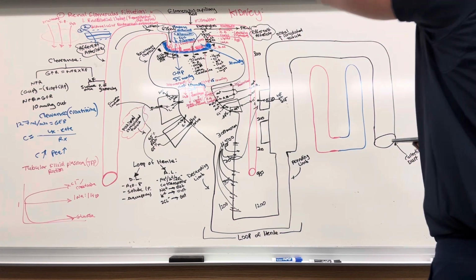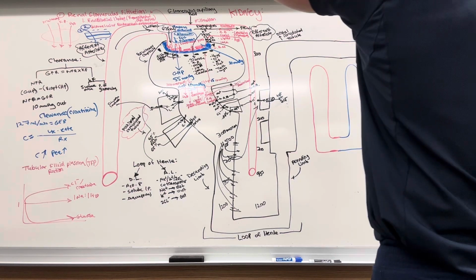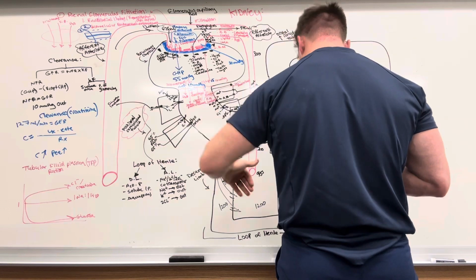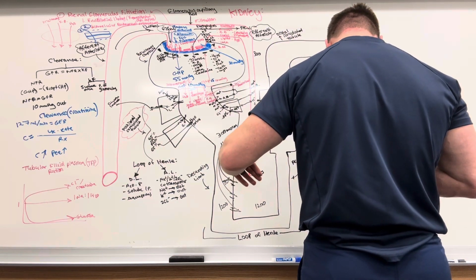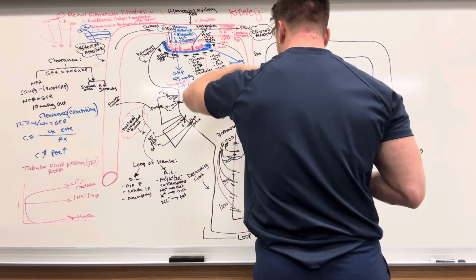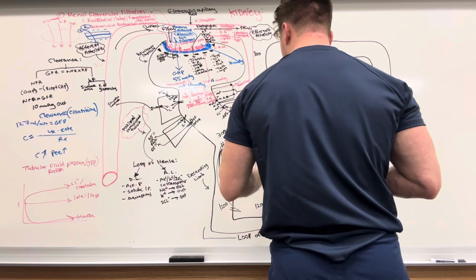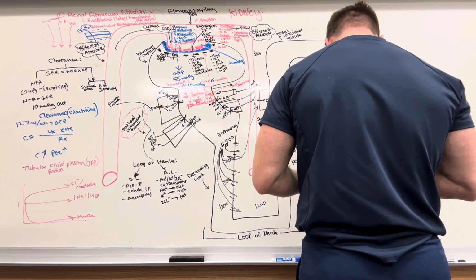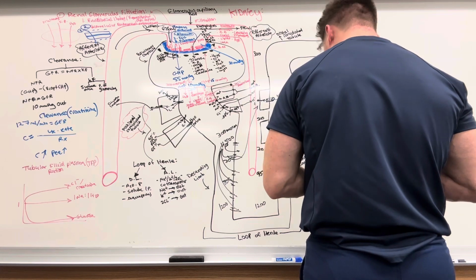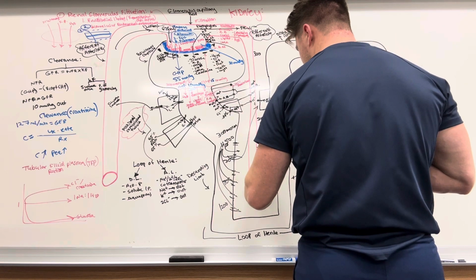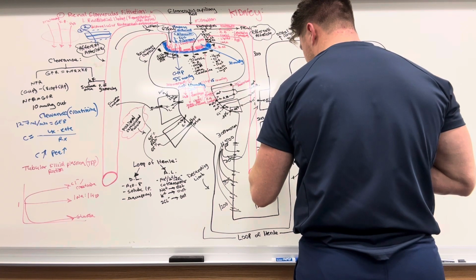So as we descend, we're increasing salt, and as we descend, we're increasing osmolarity. And the medullary interstitial space is getting more salty and pulling that water over, okay? And this process is what's known as the countercurrent multiplier.